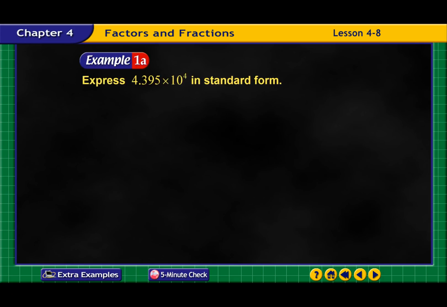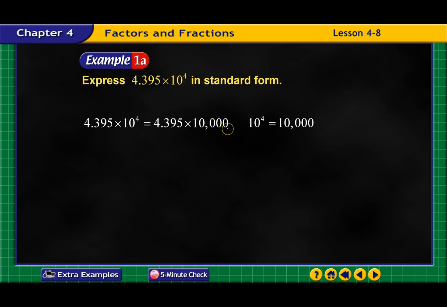All right, let's work on this one. See how the book has it here, and have a little better graphics for us here. All right, so if we're going to put this in standard form, we need to undo what's been done here. So we're going to have to move the decimal place over. So 10 to the fourth would be 10,000. So 10 with 4 zeros, or 1 with 4 zeros, sorry.